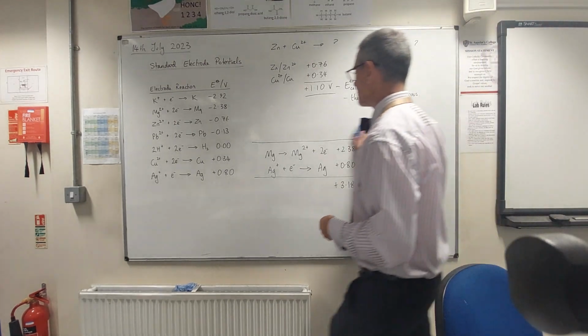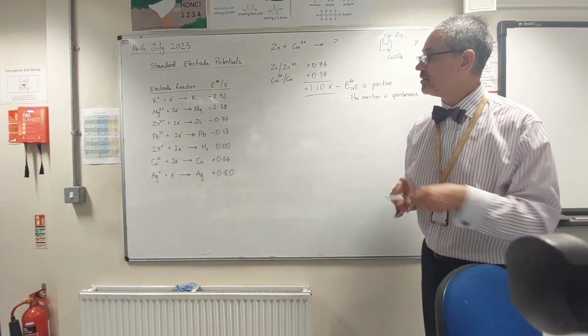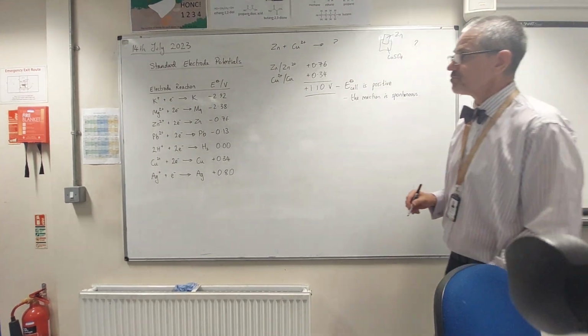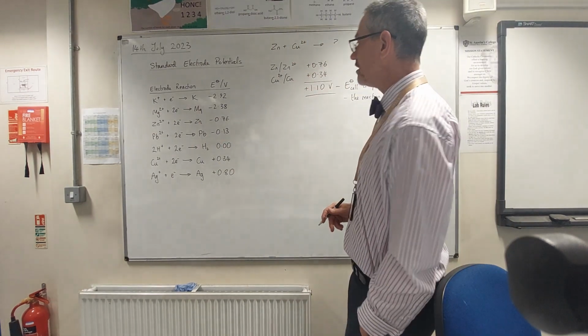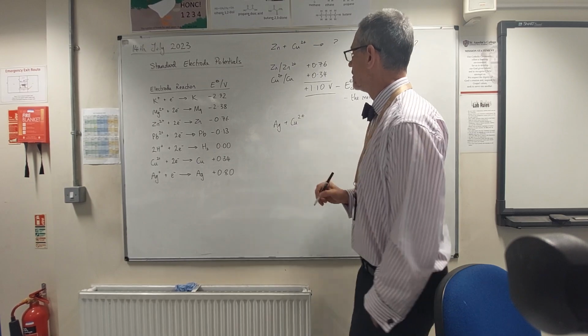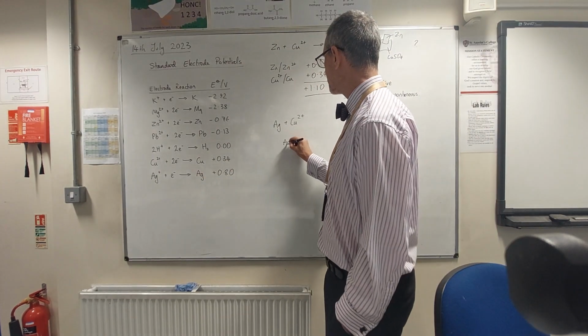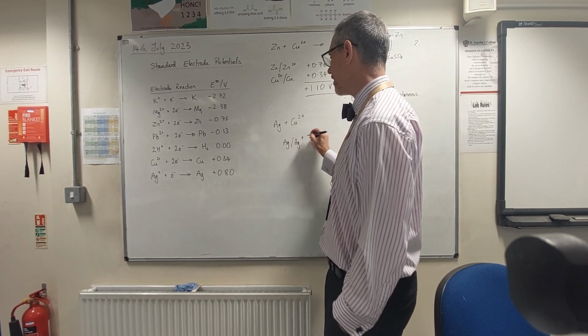So let's give another example. What happens if I, I don't know, drop a piece of silver in some copper sulfate? So then we'd look at that. While I'm dropping silver in, it would be silver to Ag plus.